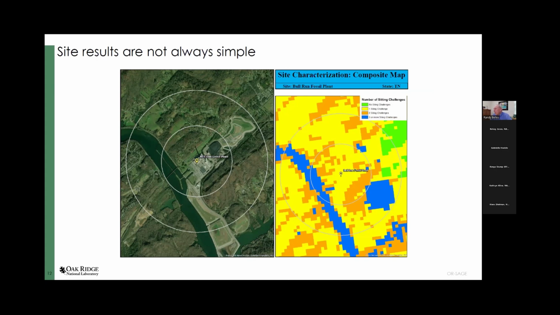So I find that interesting as well. But I just wanted to show this site because not all the sites are simple, and just because there's lots of color on the slide does not mean that it doesn't have potential, put it that way. Next slide, please.